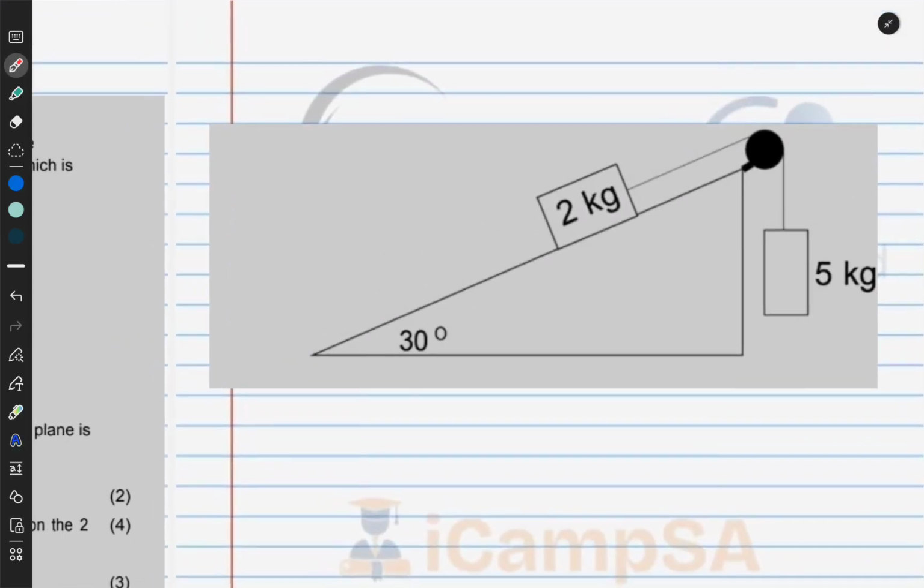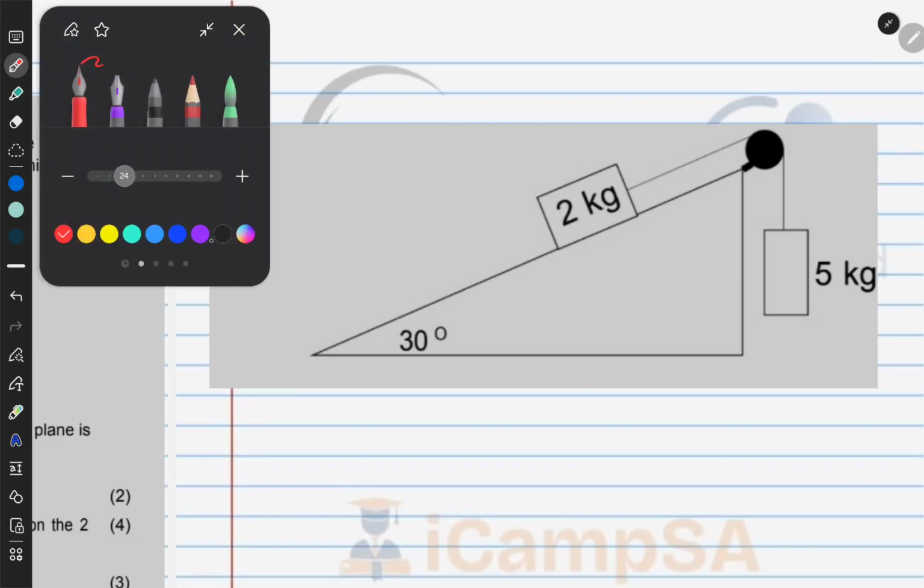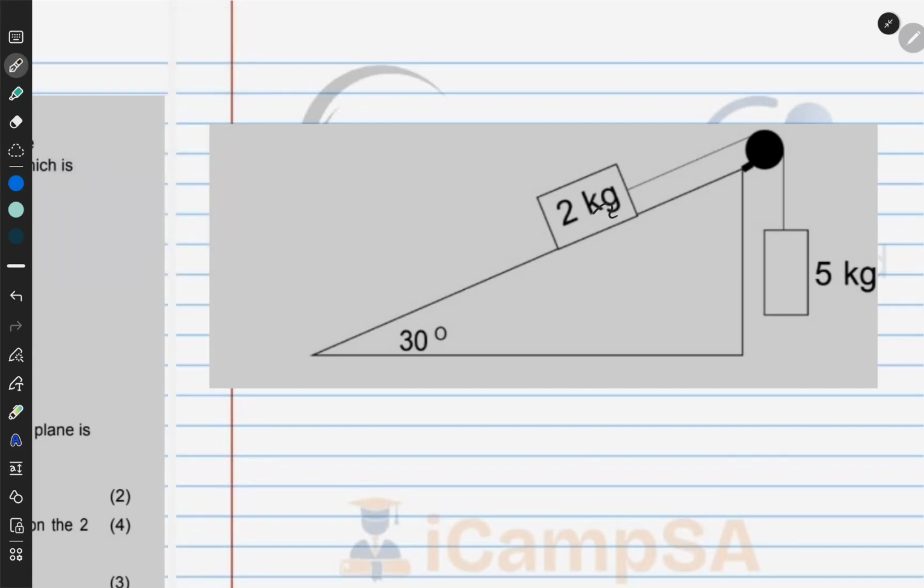Now we know that weight always acts downwards, just straight down, vertical. Then we have the normal force. Normal force is always perpendicular to the surface, so it's going to be perpendicular there.